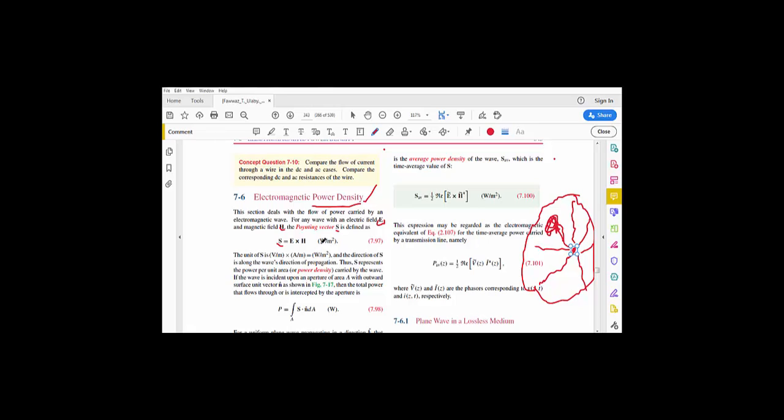Its unit is watt per meter squared, because it's volt per meter cross ampere per meter, which is volt per ampere per meter squared, that is watt per meter squared. Its direction is normal to the electric oscillation direction and the magnetic oscillation direction.